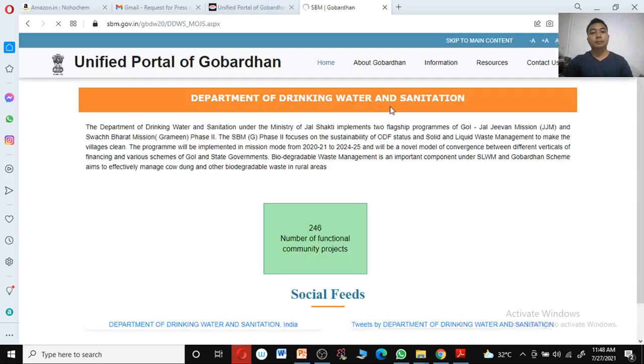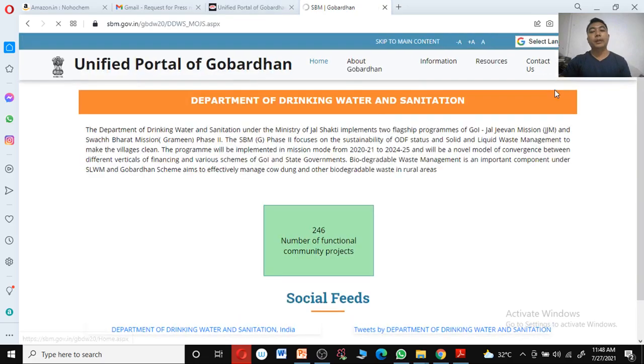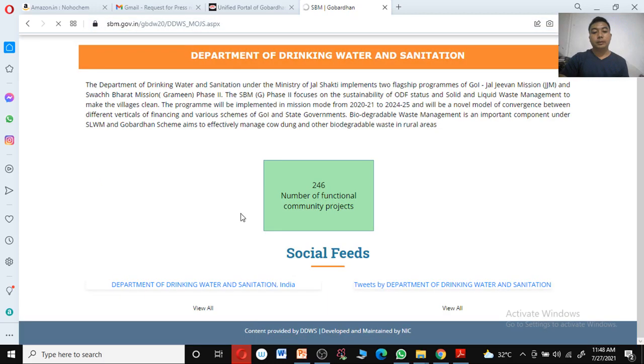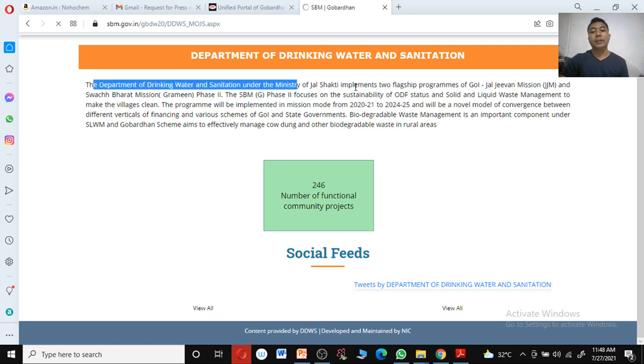So this is the unified portal of Gobardhan. It is a website. You can just go to Google and type spm.gov.in Gobardhan.